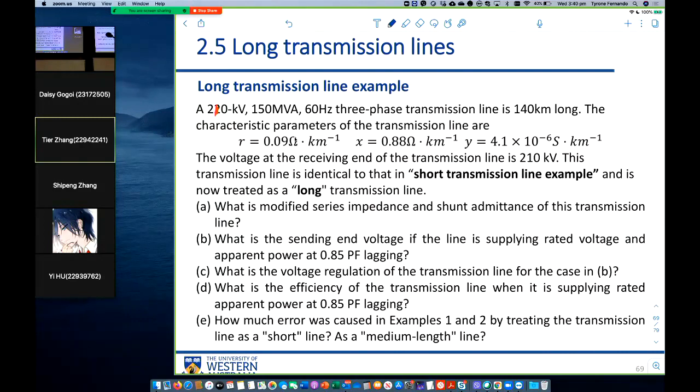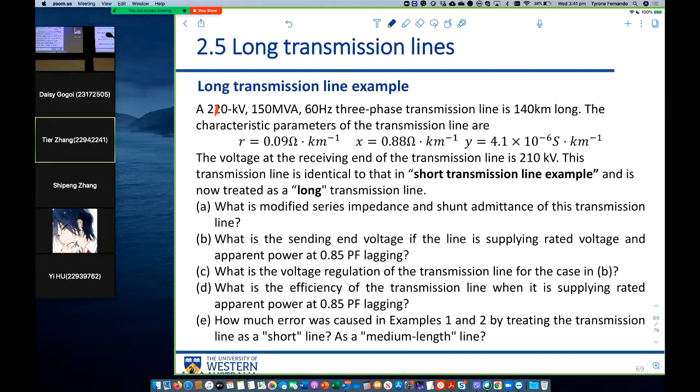The voltage at the receiving end of the transmission line is 210 kilovolts. So we know the receiving end voltage, but I don't see the receiving end current yet. It hasn't been stated. From the very beginning, if we know the receiving end voltage and receiving end current, we can find the sending end voltage and sending end current. I'm just trying to read this question and get some information out of it as I read it.